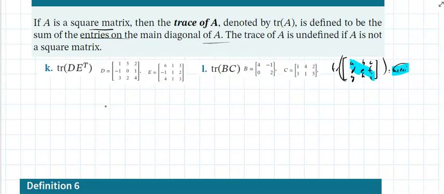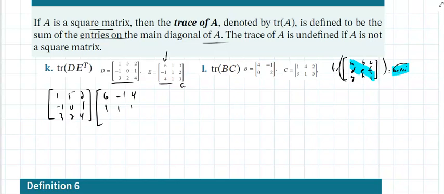If you want to find D E transpose, well, D is 1, 5, 2, -1, 0, 1, 3, 2, 4. Multiply by the transpose of this. So this column becomes the row. Remember multiplication, this is 3 by 3, this is 3 by 3, the inners match. So the outcome is a 3 by 3, that's easy.